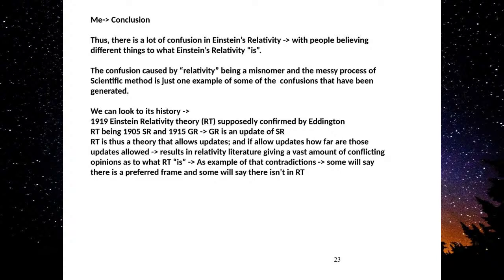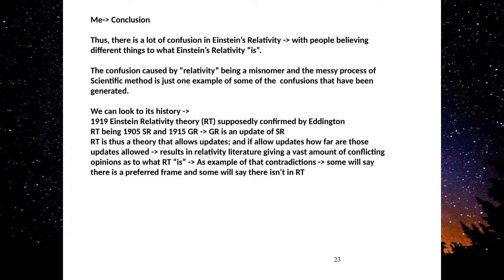So Einstein's relativity being confirmed in 1919 meant you were accepting the general relativity part from 1915 and the special relativity part from 1905. But really, general relativity is an update of what was being said about special relativity in 1905. So Einstein's relativity, RT, which I might write down as, is just a theory that allows updates.